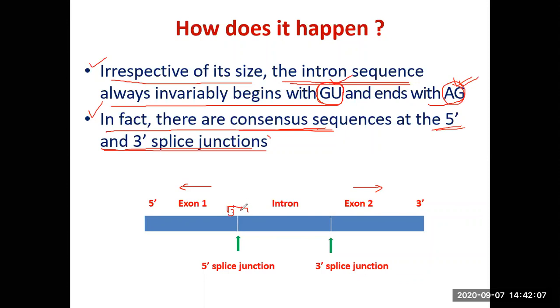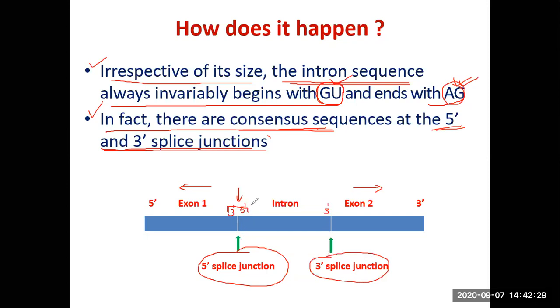This is going to be the 5' end of the intron. So this junction is called the 5' splice junction. And this is the 3' end of the intron. This is called the 3' splice junction.